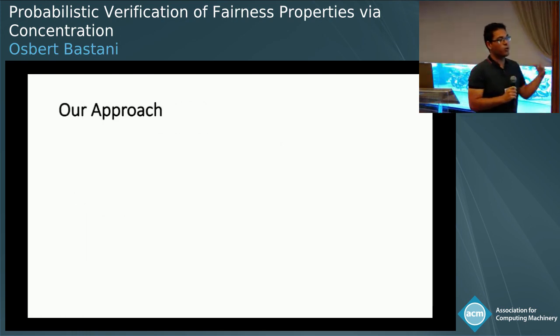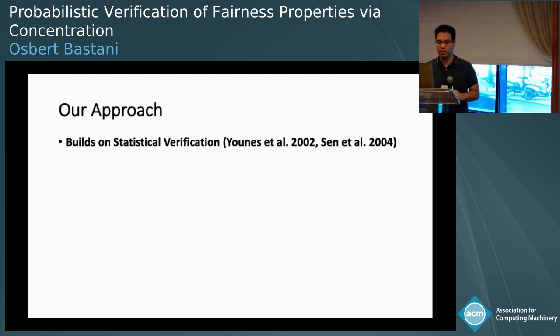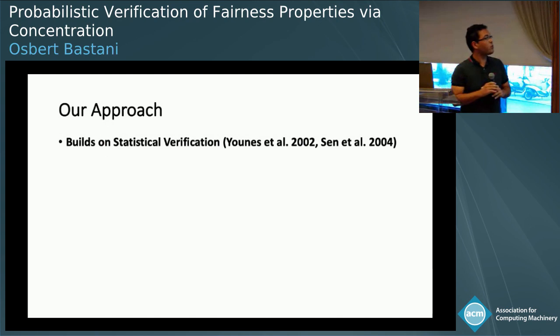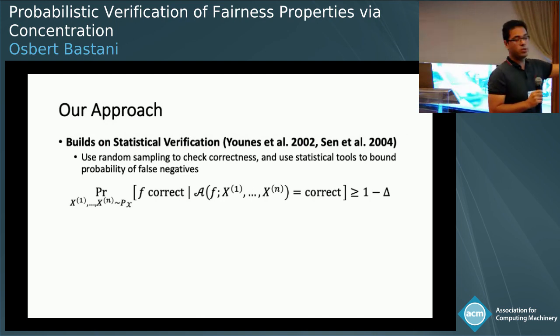So our approach is going to be to build on the testing approach, so design an algorithm using random sampling to check fairness, but then actually provide some theoretical guarantees. And to do so, we're going to use ideas from the statistical verification literature. They basically use statistical tools called concentration inequalities to bound the probability of false negatives.